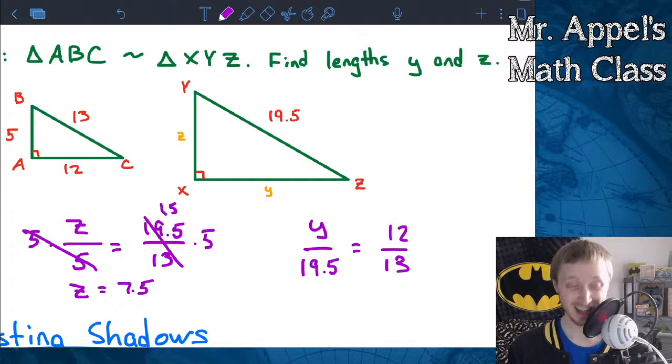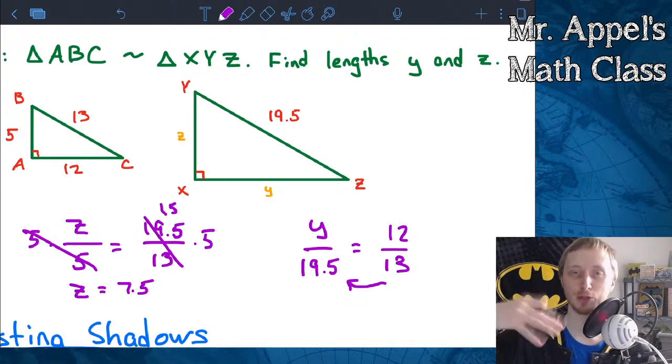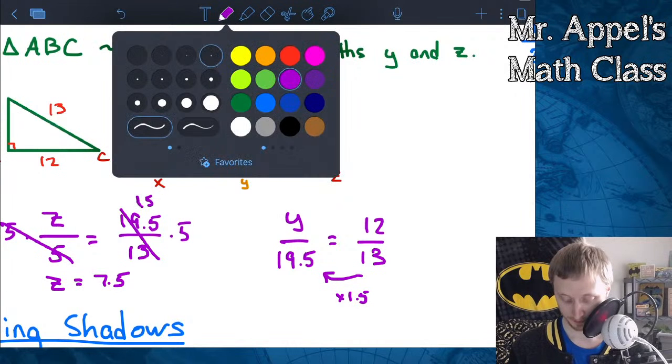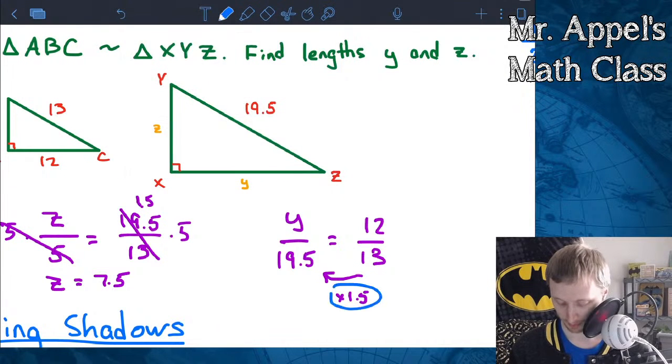All right, and now when I do it this way, I can again look at, all right, well, what is from one triangle to the other? I prefer this method because I like to think of how much bigger is the triangle. What is the scale factor there? Okay, this is times 1.5. Okay, that's my scale factor.